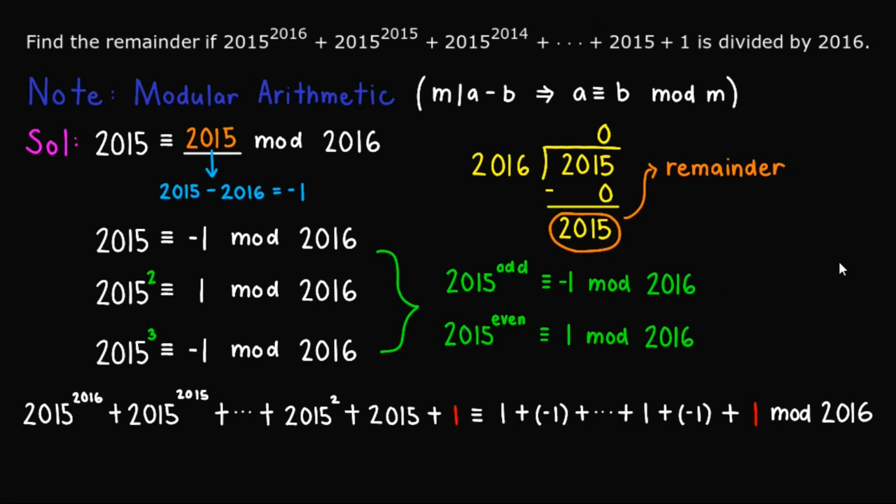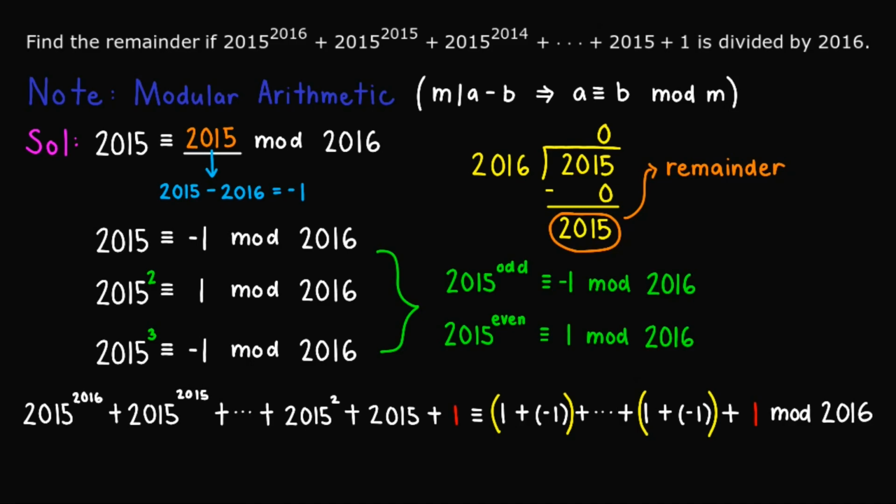So we'll have this out here. And observe out here that if we try to group these terms, we can pair this and this. In fact, there are also a lot of pairs inside. Moreover, take note that these pairs are exact, since from 2015 to 2015 raised to 2016, we have a total of 2016 terms, which we know that when we pair, there are no extras. This means that we have 2016 divided by 2, that is 1008 pairs of 1 plus -1.